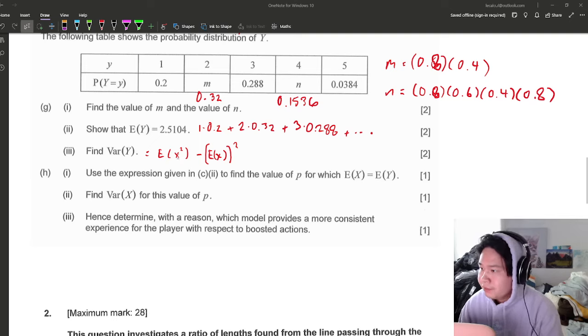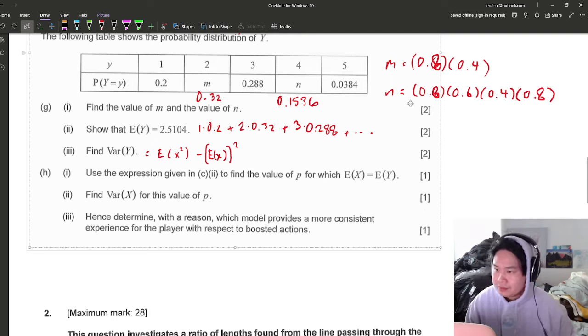This literally means that instead of doing Y times the probability, we do Y squared times the probability, and then we sum these up.